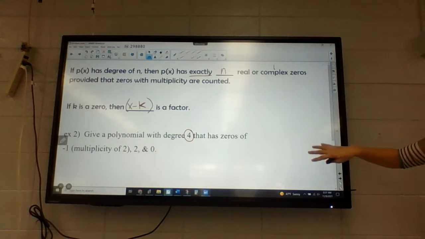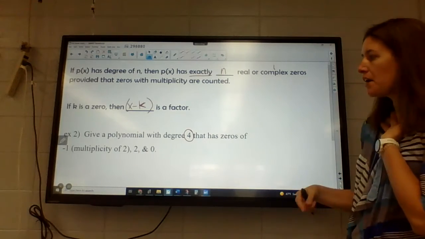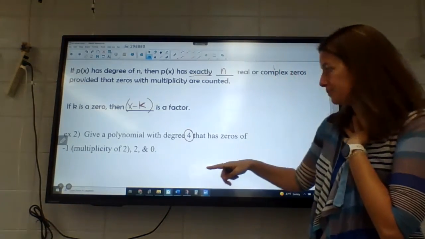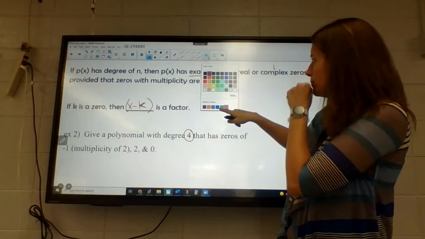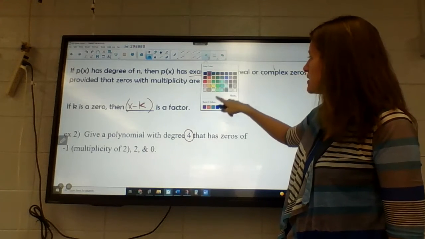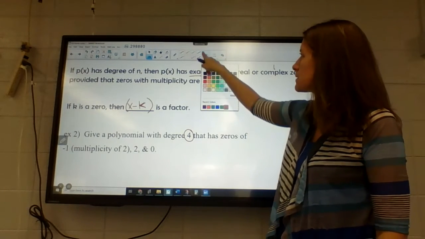All right, so now they want us to write a polynomial if they give us the zeros. So it has a polynomial of degree 4, and they give us zeros. But if you notice, one of the zeros repeats.